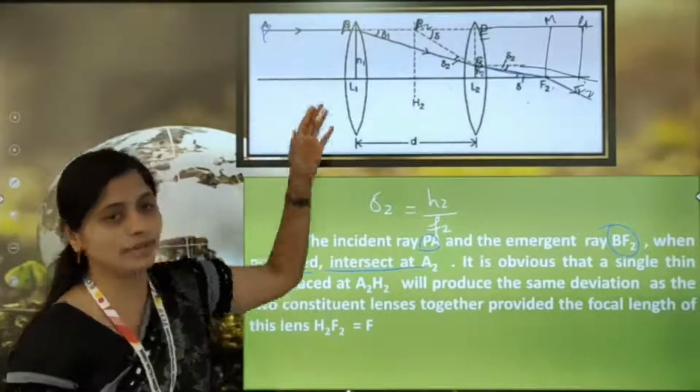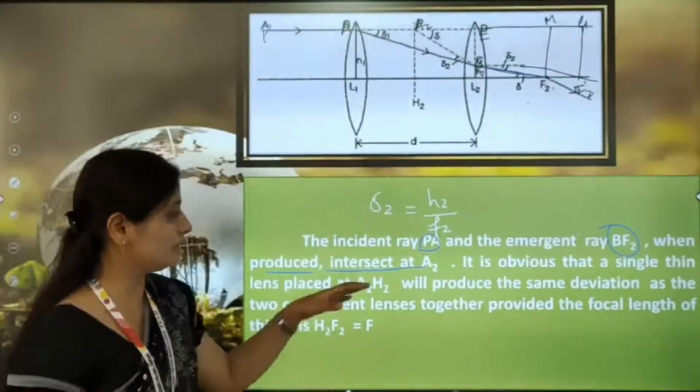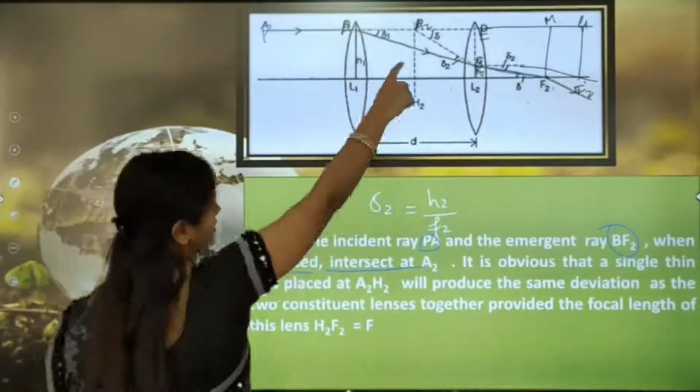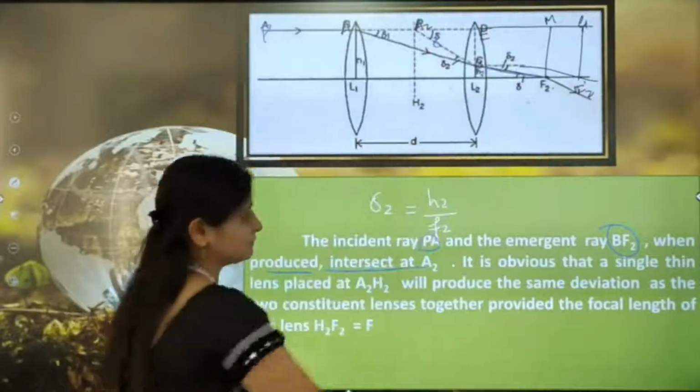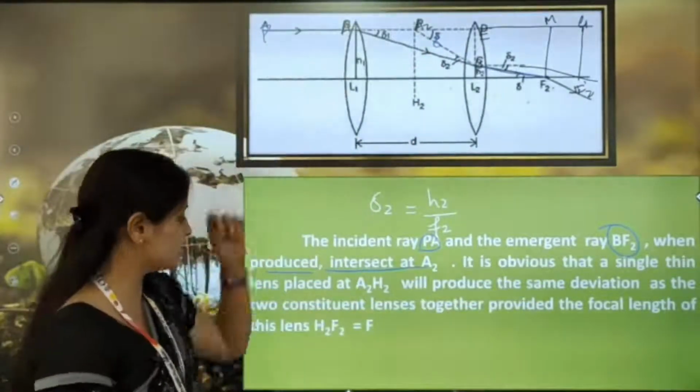At A2H2 one lens will be there, and by using that lens the deviation will also be produced. The deviation is delta.